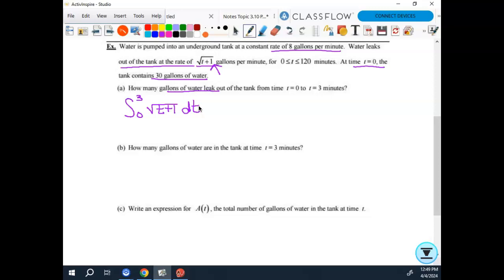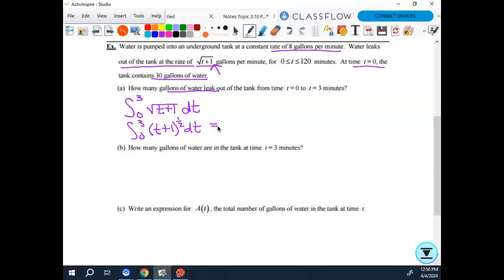Can you integrate that by hand? Yes, we can, right? So I could rewrite it as the integral from 0 to 3 of t plus 1 to the 1/2 power dt, yes? So when I integrate it, do I really have to use u substitution here?